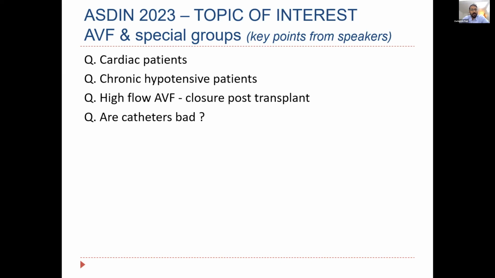And then I'll go on to high flow AVF should be closed after post-transplant. And of course, there was a hot debate on are catheters bad. This was something very clinical, day-to-day practice, which we come across daily, and most of us have the answer. But here it was well set out with evidence, and it was a good discussion which I thought I should share.